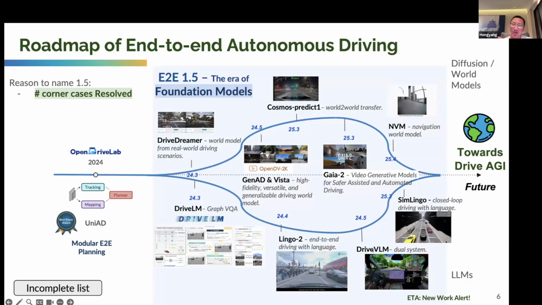I believe DriveVLM is a very early work on the dual system in autonomous driving, which utilizes the better accuracy of the foundation model, but it has heavy latency. This is where the smaller model steps in to predict most cases, and the two systems are leveraged together. We also see some examples in robotics. And also LINGO, I believe a very recent work, closed-loop driving with language.